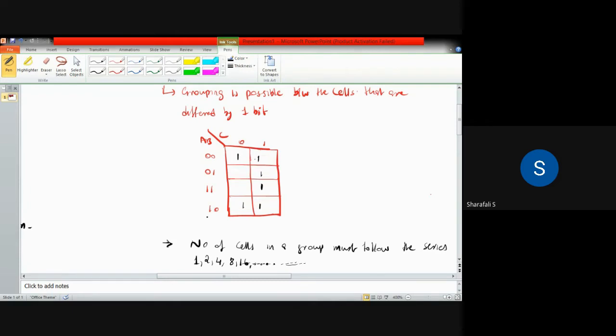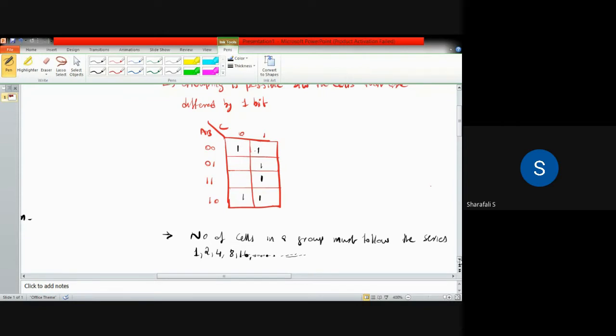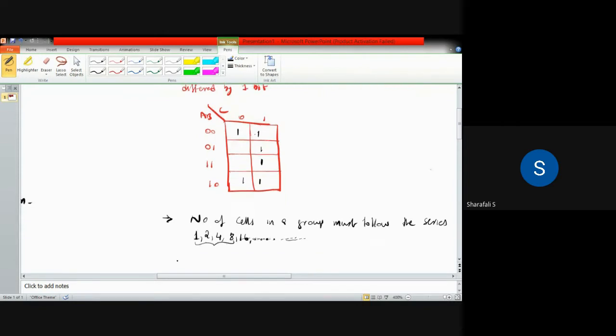Here n is the number of variables, as we said earlier. If you take 2 raised to 3, then the maximum group size is 8. Any of the values 1, 2, 4, 8 can be the number of cells in a particular group when you have 3 variables.